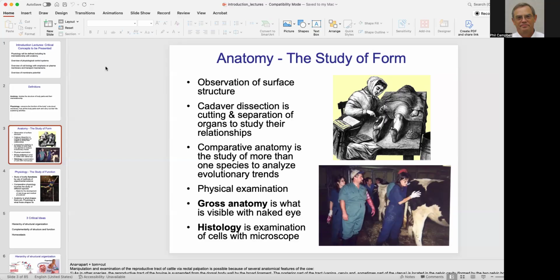If you're looking at your hand, you can't see through your hand, but you can look at the surface. So if I want to look at organs in the body, I have to do dissection. So that means a cadaver, opening it up, where I can expose those internalized tissues. And then, of course, I dissect the heart to be able to see the chambers of the heart, etc. All right. But these are focused on what I can see.